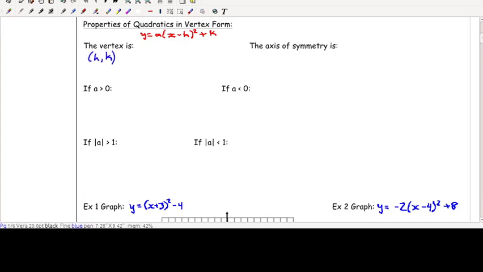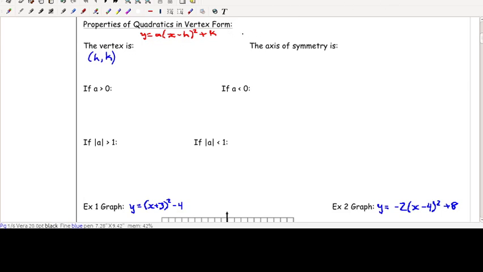In other words, looking at the equation, I'm going to take whatever this is, change the sign, because the negative means negative moves me right, positive moves me left, so this is going to be h, even though this is minus h, and k sign does not change.